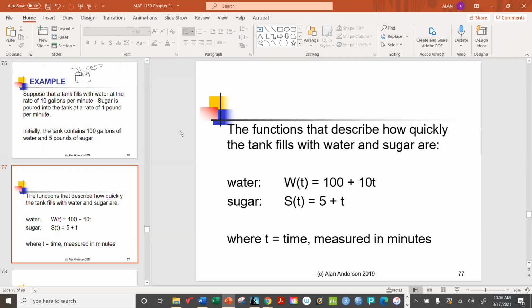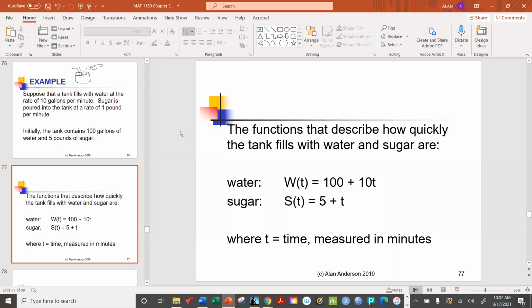And you notice the function is written as W of T, which simply means how much water is in the tank as a function of time, where time itself is measured in minutes that have elapsed since we started. At the same time, though, sugar, which is in pounds, the function there is 5 plus T because the initial value was 5. And then for every minute that goes by, we have 1 more pound of sugar. Okay, so we've got these two functions.